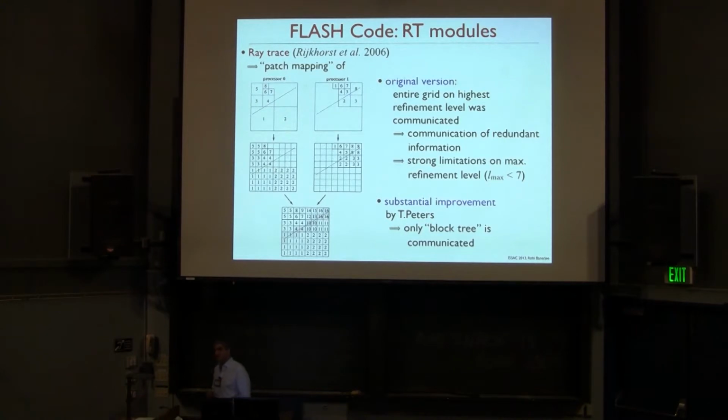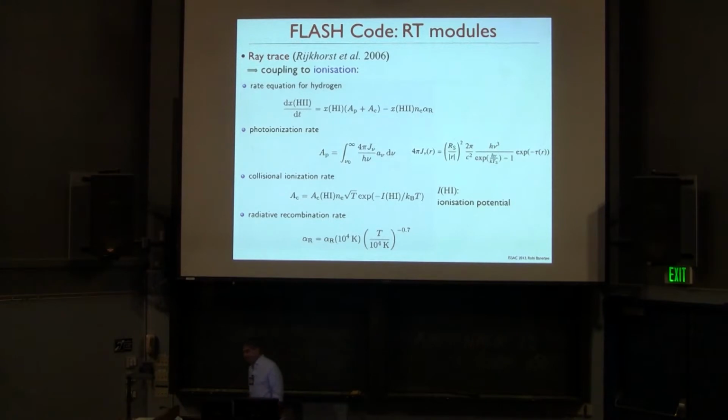So you communicate not the entire grid, but only the AMR tree structure. That's totally sufficient to recalculate the list of phase values you want to add up for your column density. So this got away from the limit of low resolution runs, and in practice you could do any high resolution run you want, because the tree itself, which you communicate, is fairly slim.